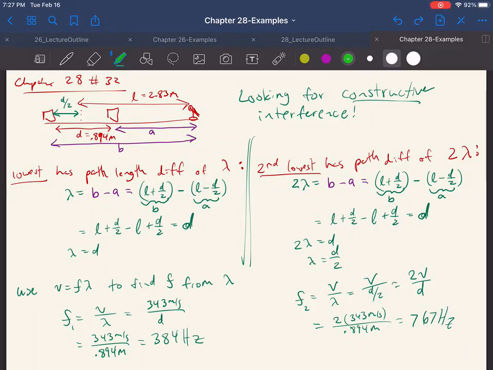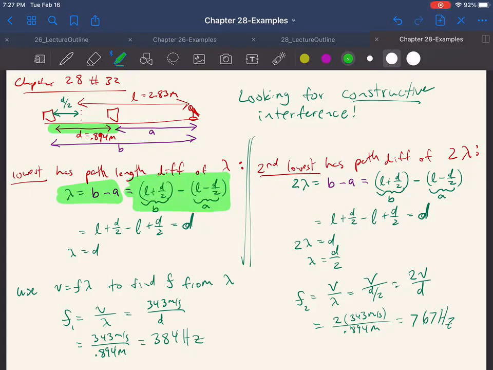So by saying that, what we're saying is that lambda has to equal B minus A, where B is the distance from this back speaker all the way to the microphone, and A is the distance from the front speaker to the microphone. That difference right there is that distance right there. So I wrote it out here mathematically for you. One of those distances is L plus D over 2.